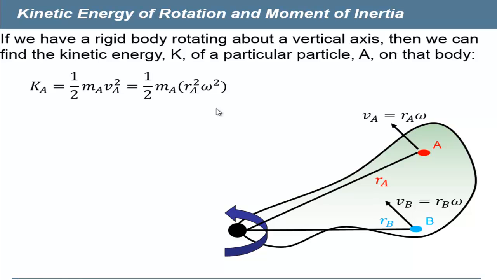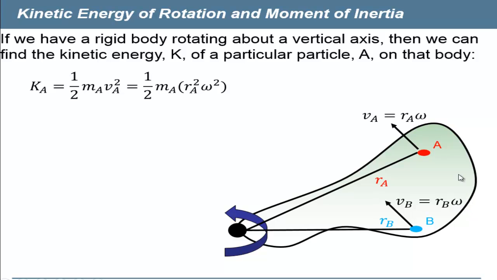If we were to add another point in there, because after all, we want to know the kinetic energy of all the points, we call that point B. Then point B has a distance to it of RB, radius to point B, and the velocity at point B is that distance times the angular velocity. And remember, the angular velocity is the same at every point on the object, right?